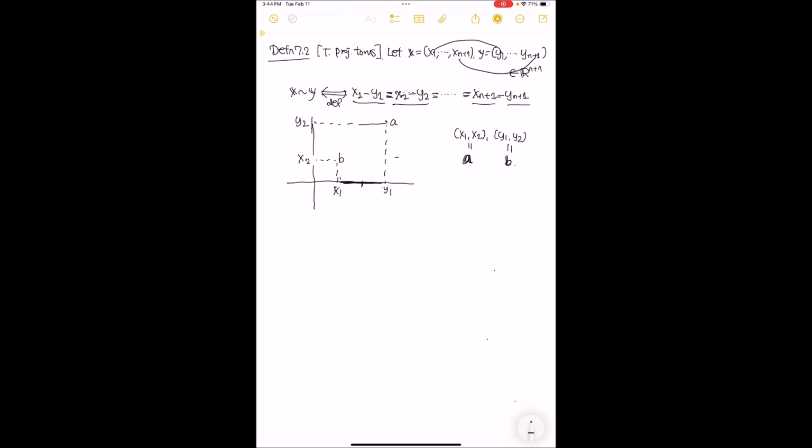So that distance is the same. This distance and this distance are the same.